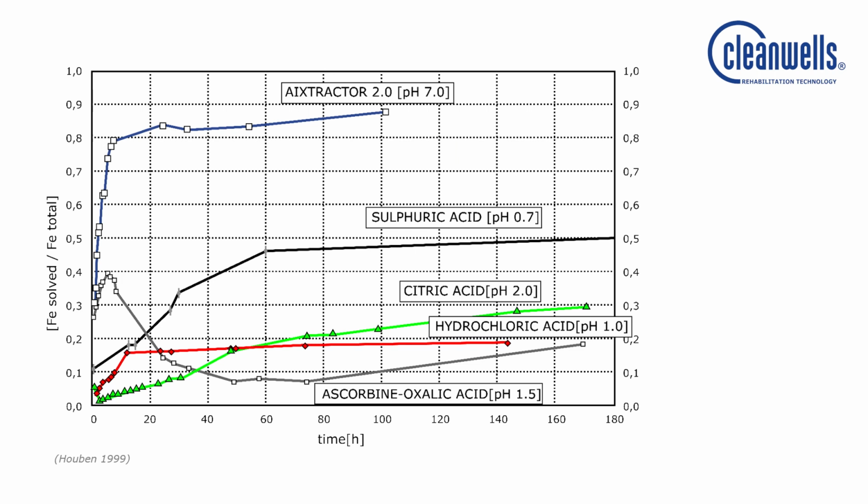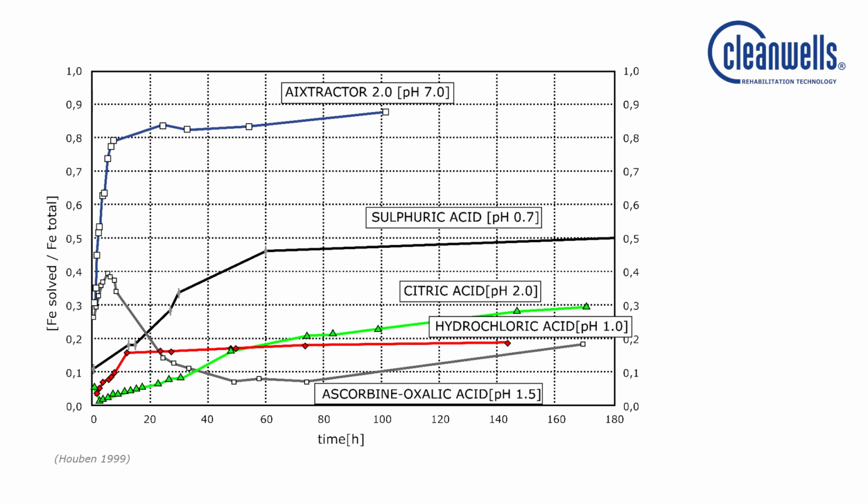When removing iron and manganese oxides, we notice remarkable differences of dissolution capacity and reaction velocity between pH neutral and pH controlled agents. The pH neutral reaction in blue is completed in 45 minutes, whereas hydrochloric acid with pH 1 in red requires 12 hours.